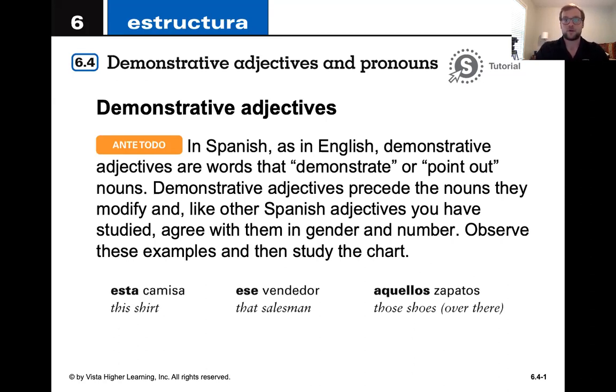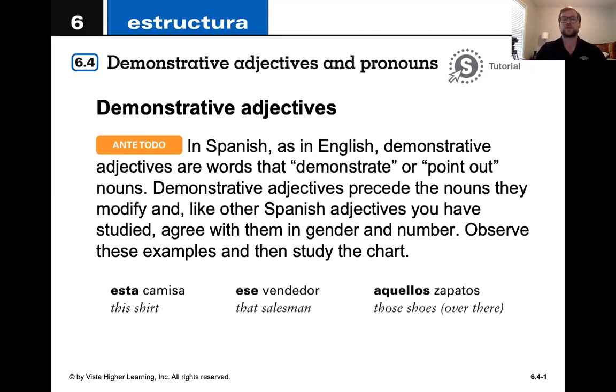Ese vendedor, right? Or ese vaso, right? Ese vaso. Este vaso. Ese vaso. Okay? And then we have things like aquel, aquella, aquellos, aquellas, okay? And that are like those over there.